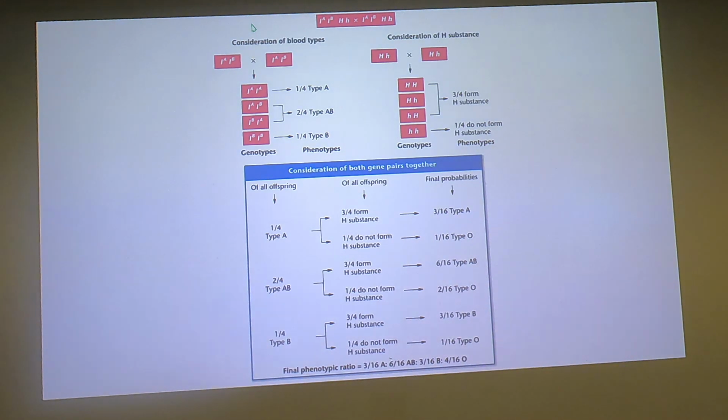So they will be type O. So 1/4 times 1/4, 1/16 type O, 3/16 type A. And you just do the same thing for each of these. Just multiply them out. You get these ratios. The key significant observation here is that you get 1/16 type O plus 2/16 type O plus 1/16. So 1/4 of the offspring of these two AB parents will have blood type O.